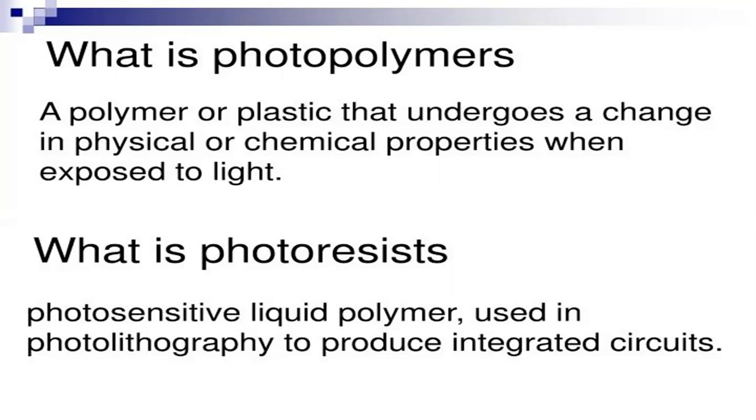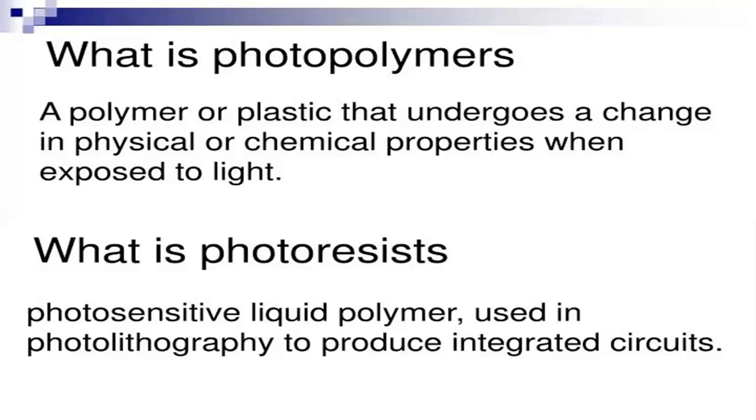That's why the physical and chemical properties are changed to convert it into a final product. So the liquid is converted into solid. That's why I am using photopolymers. It is useful to change the physical and chemical properties of that liquid resin. So that is photopolymers.